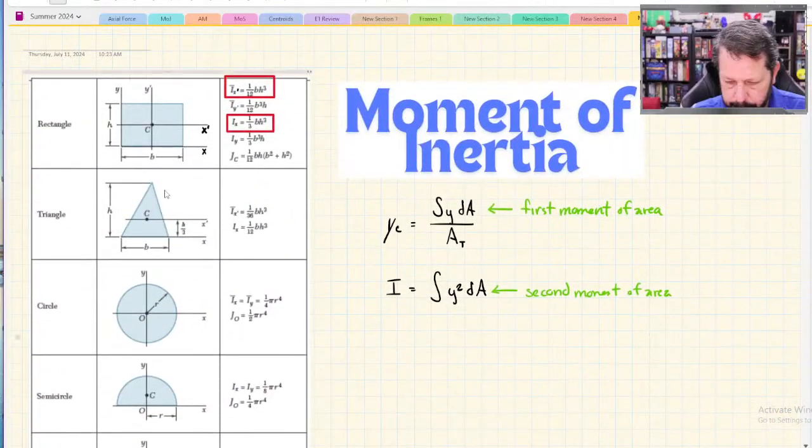So there's the triangle, and sure enough, they have a triangle sitting on an x-axis, and they have an equation for a triangle about its base, or bottom line. It just so happens that that equation is also BH cubed over 12. So that could be a little confusing, but that's just what it is.